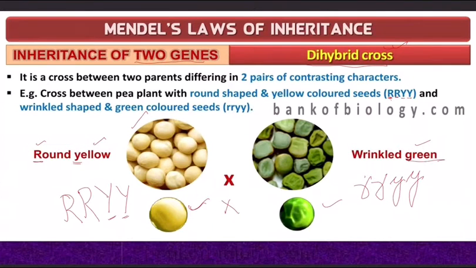Don't take small w, small w. You will be confused. Similarly, for yellow, we are taking capital Y, capital Y, because it spells with yellow. The corresponding alphabet is small y, though the phenotypic character is green.